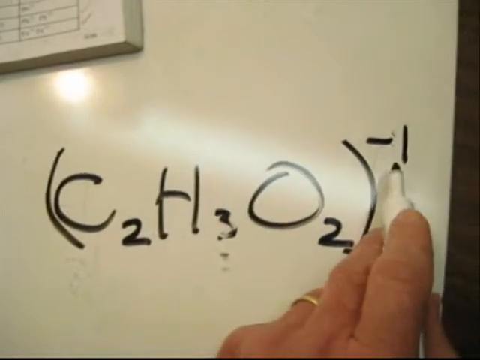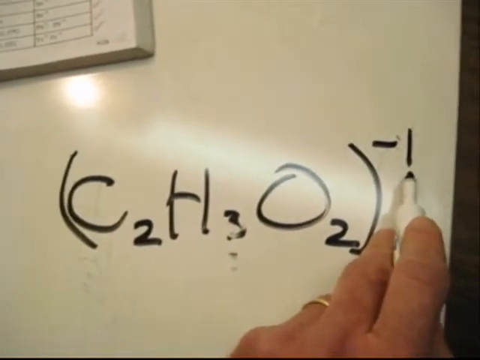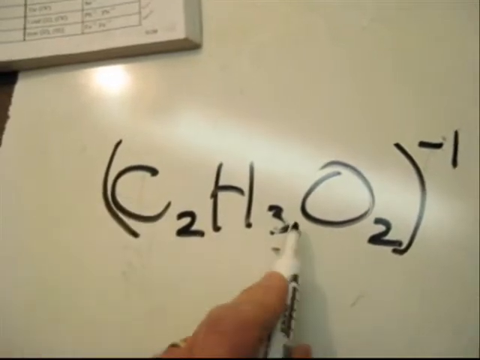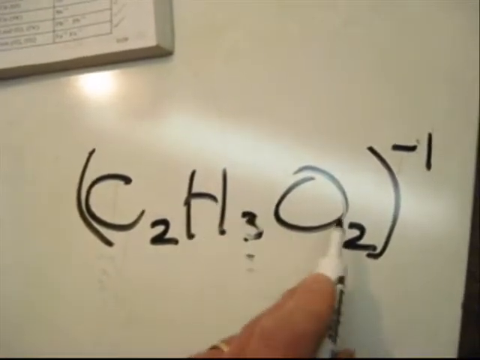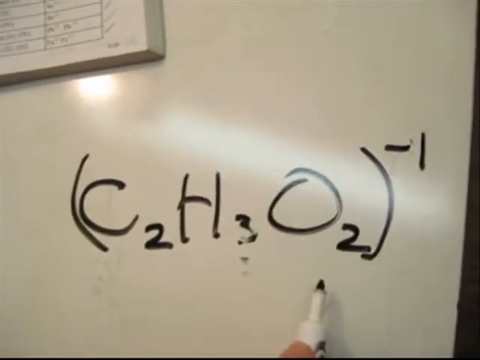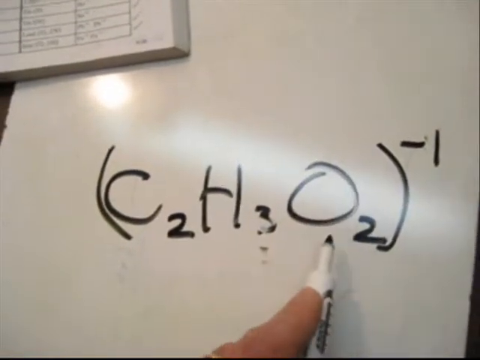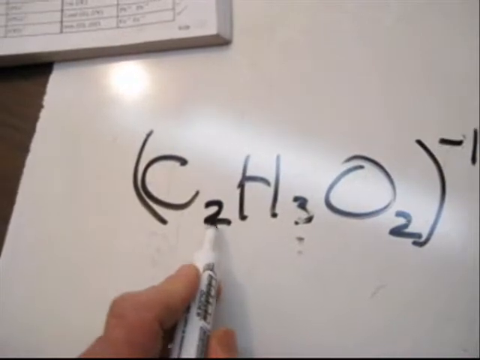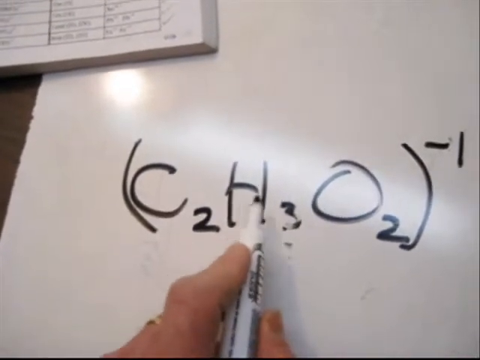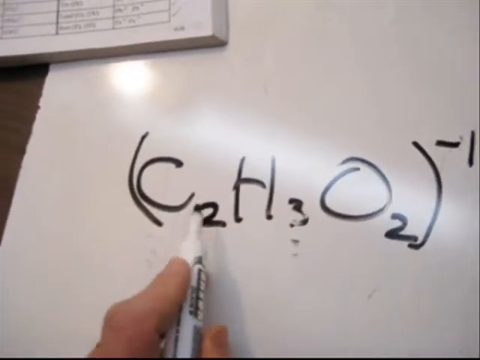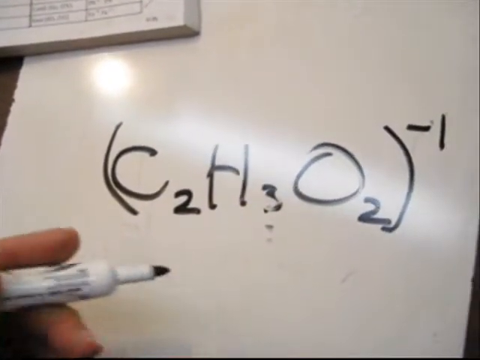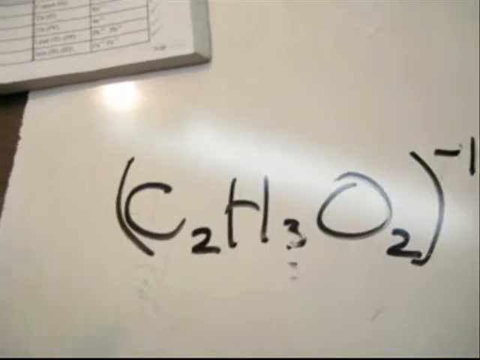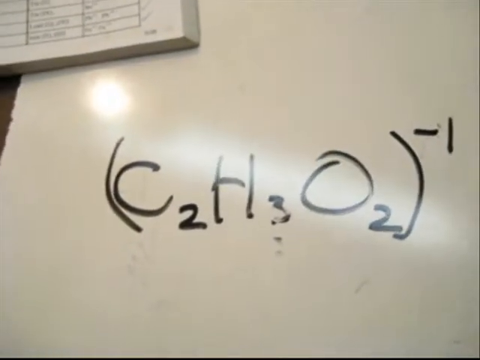They said in 1 jar of pickles, so we have a minus 1 charge, you can find 2 curvy pickles, 3 straight pickles, and 2 circle pickles. So C2H3O2 is acetate, which makes up acetic acid, which is vinegar, which is used to create pickles.